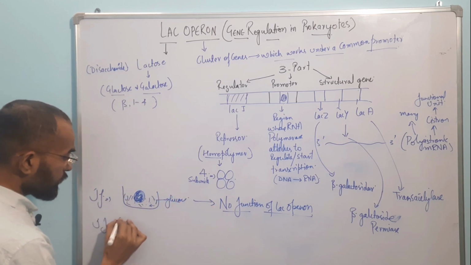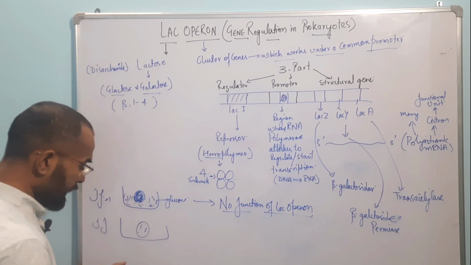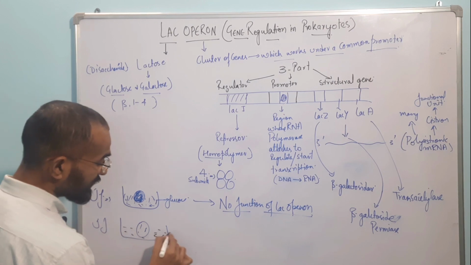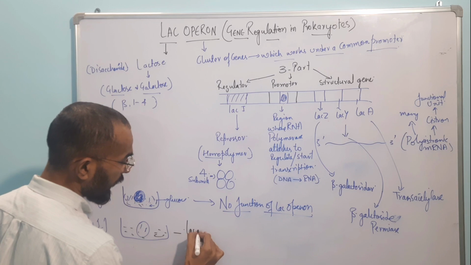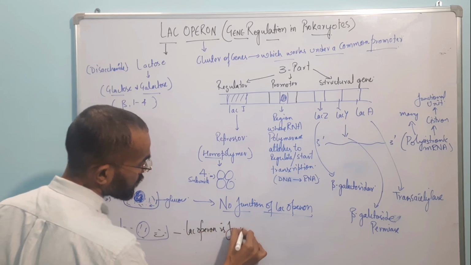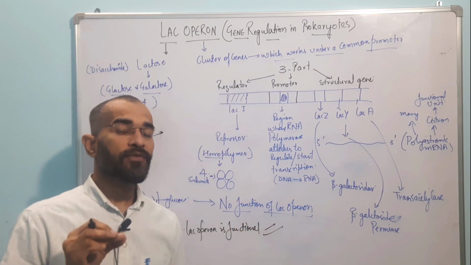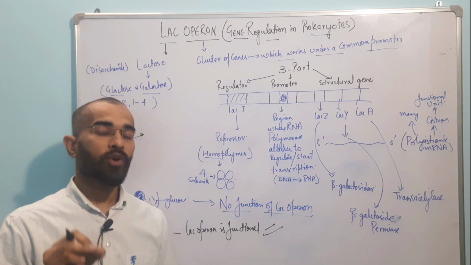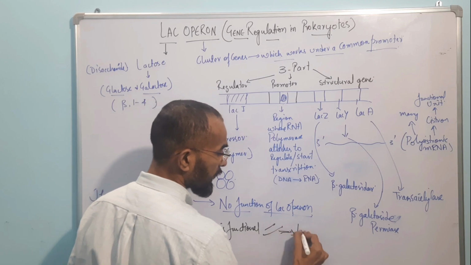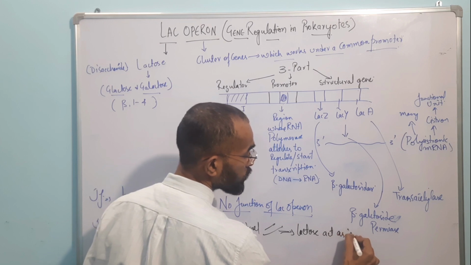And if we grow a prokaryotic cell in a medium of lactose, then only the lac operon is functional. The lac operon is functional only in the presence of lactose, that is it. And thus lactose acts as an inducer.